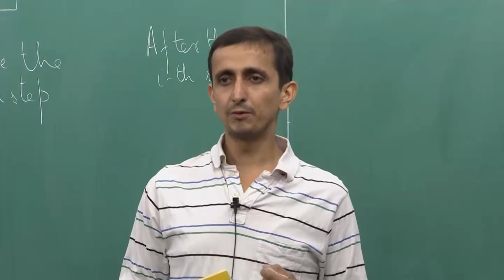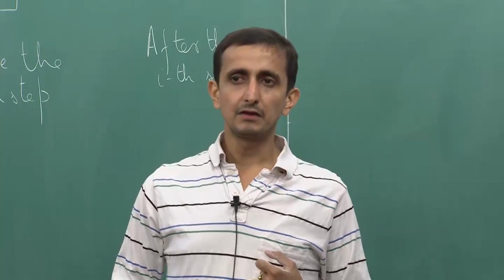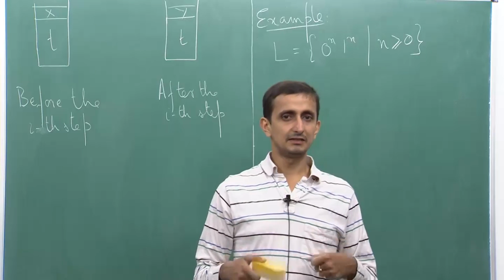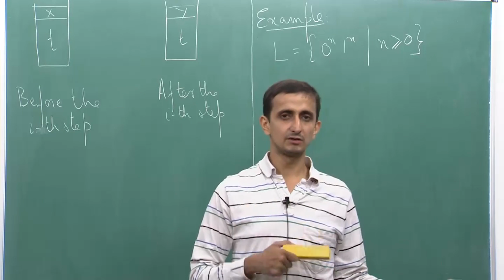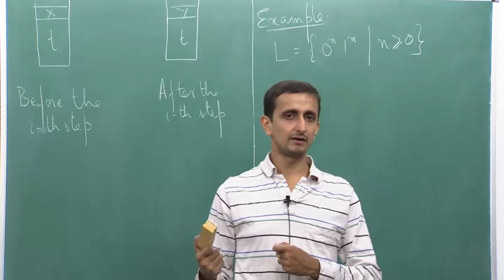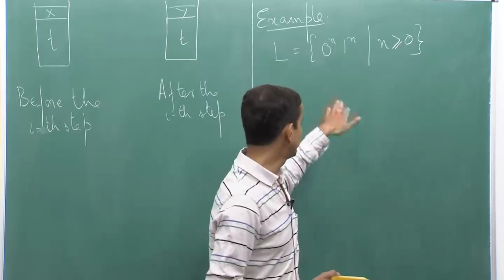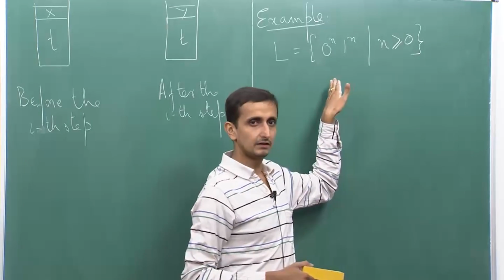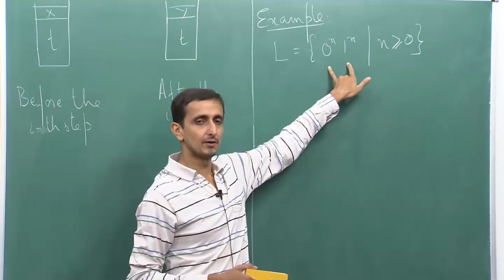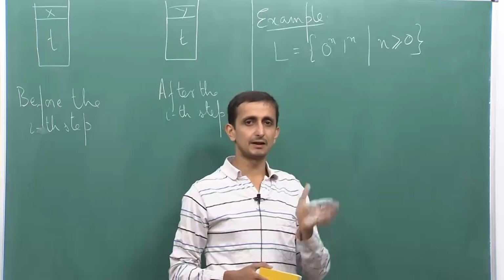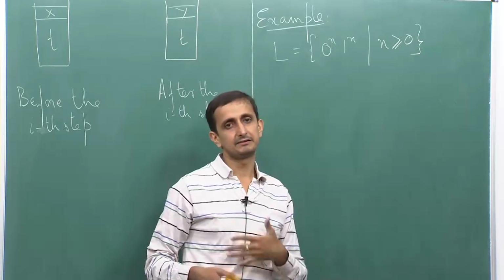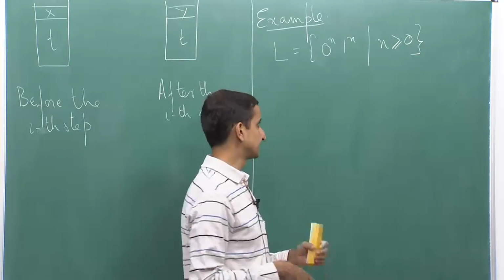It will keep on doing this, and finally, when the input is completely read, if the stack becomes empty, as it was at the very beginning, then we say that the input that was given is of the form 0 to the power n, 1 to the power n, because the number of A's pushed matches the number of A's popped when the string is completely read. Otherwise, we will say that it is not. Okay. So, we will look at some examples.